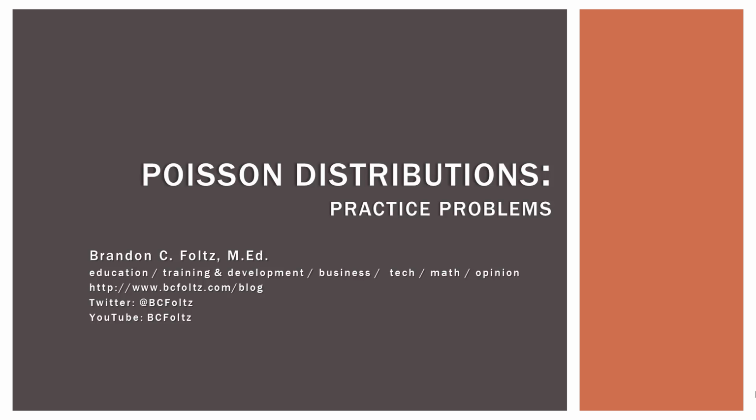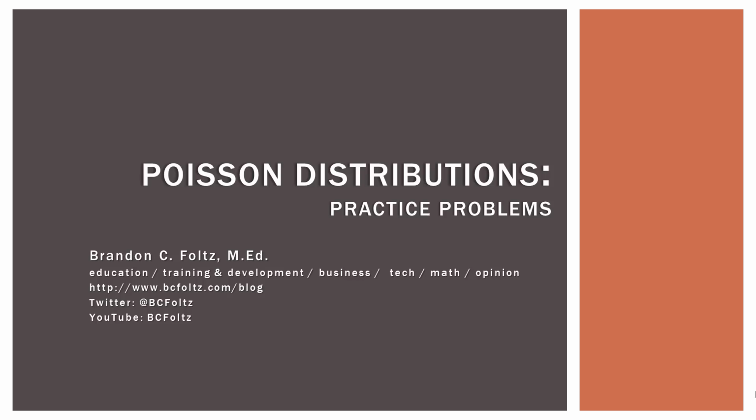So in my previous video, I walk you through exactly what the Poisson distribution is. So if you're not sure exactly what it is or a little bit shaky about that concept, please go back and watch that video before you dive into this one. I'm not going to take the time in this video to re-explain something I already did in the previous video. So this video is about practice.